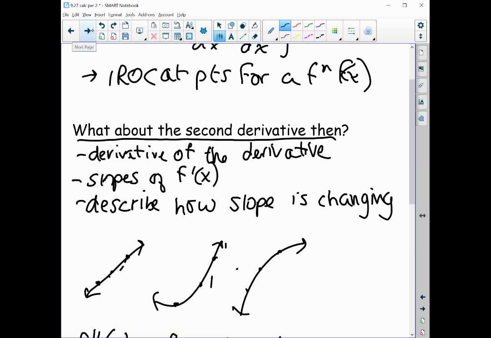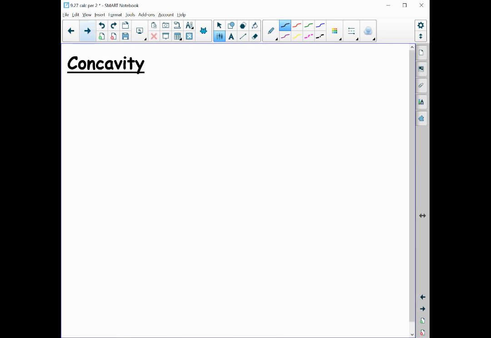Now, if you remember from Math 2 and Math 4, the way we describe curvature in the function is the word concavity. So concavity describes the curvature of a function. Okay, and again, that's my little shortcut for function. Not all functions will have concavity.